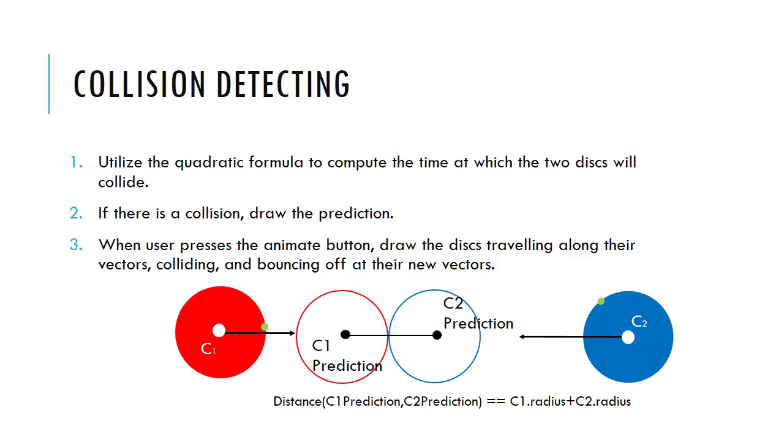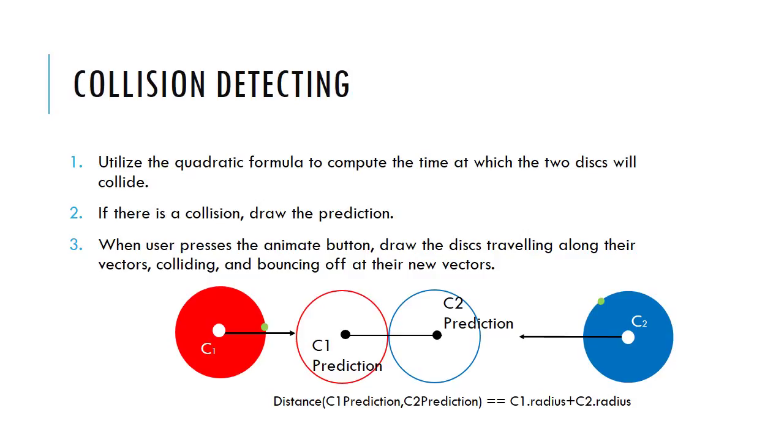And then our code gives us the time at which the disks collide, and if they don't collide, it returns positive 2. But if they do collide, then it uses that time to show the prediction. And then in our program, we actually draw new disks to show where they will collide with each other.